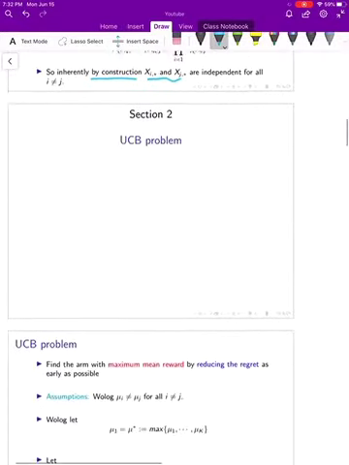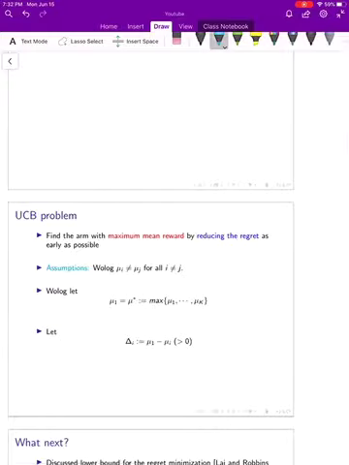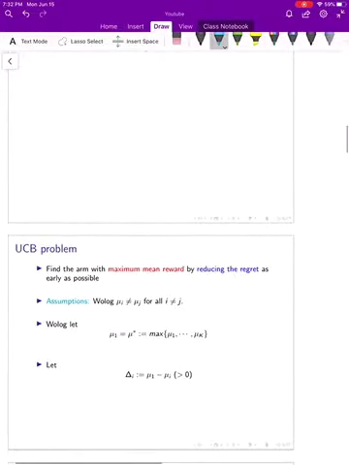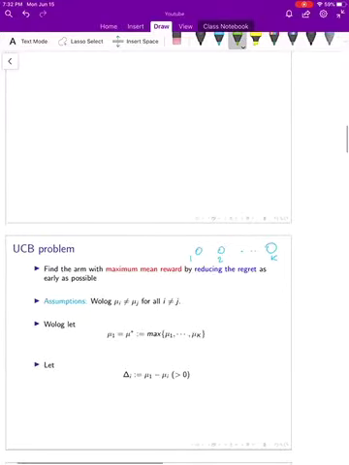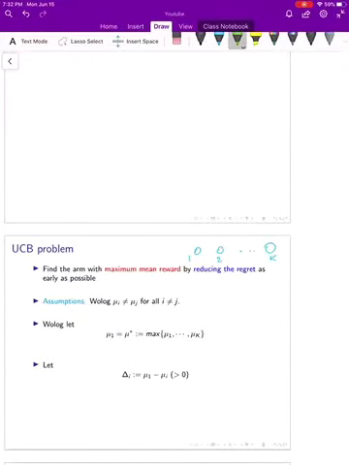Now moving on to describing the problem. So we have K arms, again writing it down. Let's suppose the best reward-producing arm is somewhere here, denoted as star.